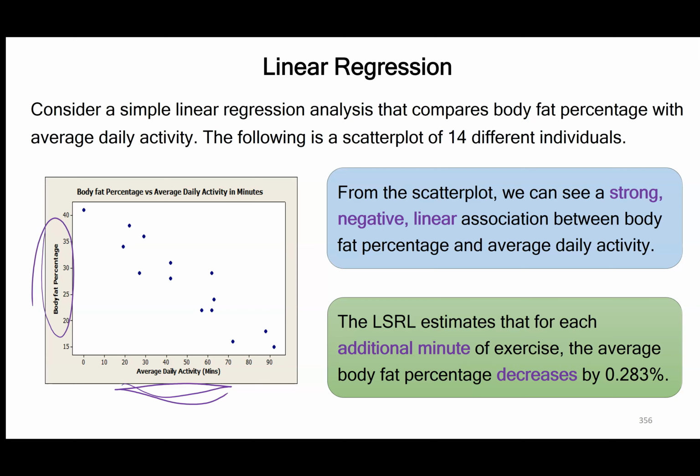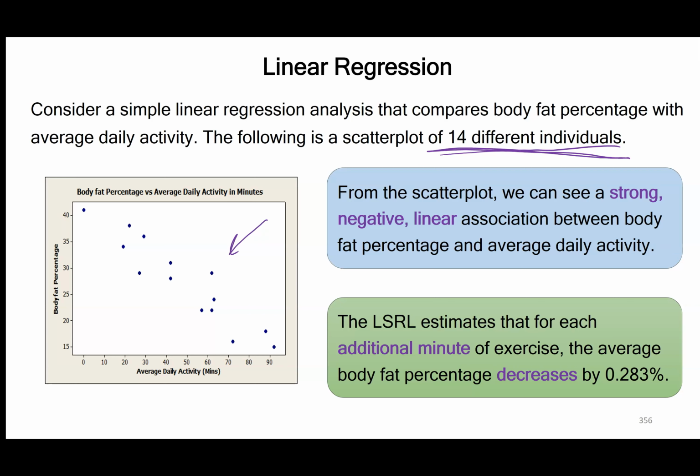And recorded their body fat percentage. It's in percent, so if they had a 25%, it would be at 25. It's a small sample here. There are 14 individuals in the sample. You can go ahead and double check by counting the number of dots in the scatter plot.